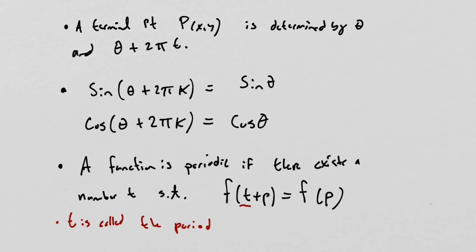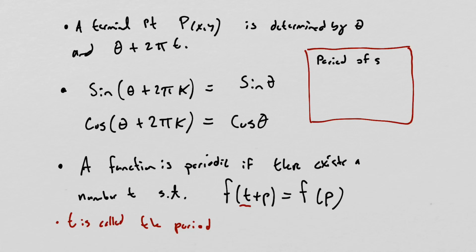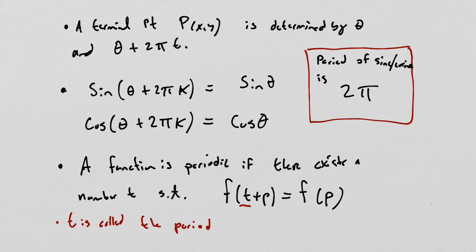From this definition, what we do know is that sine and cosine have a period of 2 pi. Given this information, we can now extend the graph of sine and cosine from negative infinity to positive infinity.